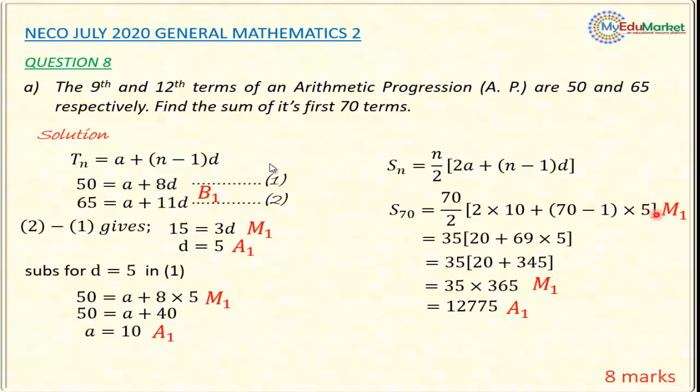So there you have a method mark, and simplifying up to the end gives you another method mark. The final mark is the accuracy mark, where you have 12,775 as the sum of the first 70 terms. In total, the marks allocated to this question are 8 marks.